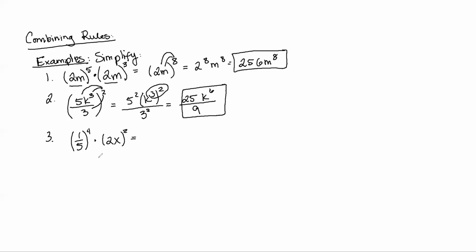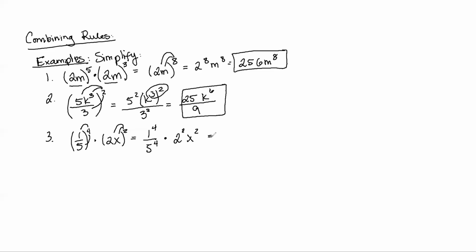So the first thing that we have to do here is distribute the exponents to both of these terms here. So we'll distribute the 4 to the top and the bottom, and then we get 1 to the 4th over 5 to the 4th times, distribute this 2 into both of those, so 2 squared x squared.